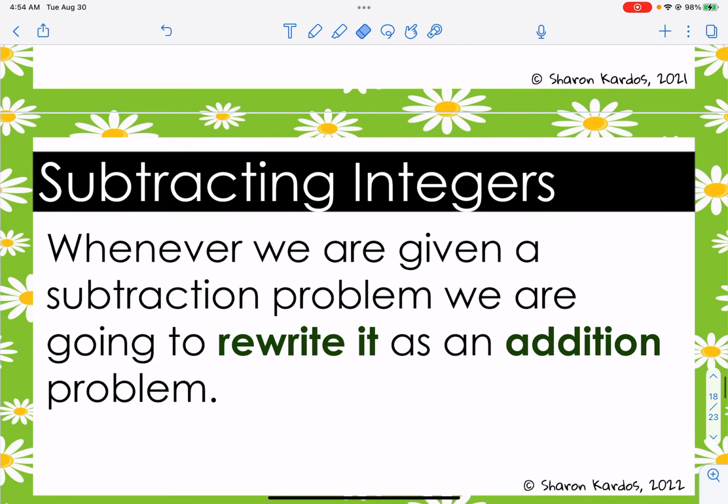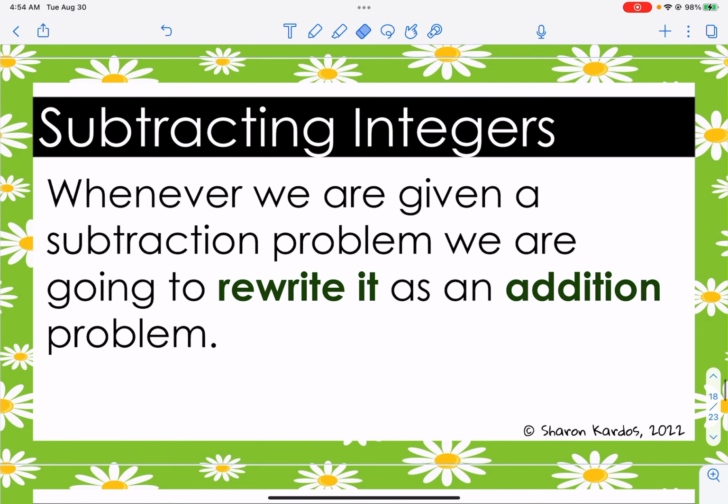Now, every time we have a subtraction problem, we're going to rewrite it as an addition problem. When you were in elementary school, some of your teachers might have taught you a little thing to help you remember how to divide fractions, or maybe in 6th grade, where they taught you to do keep, change, flip.